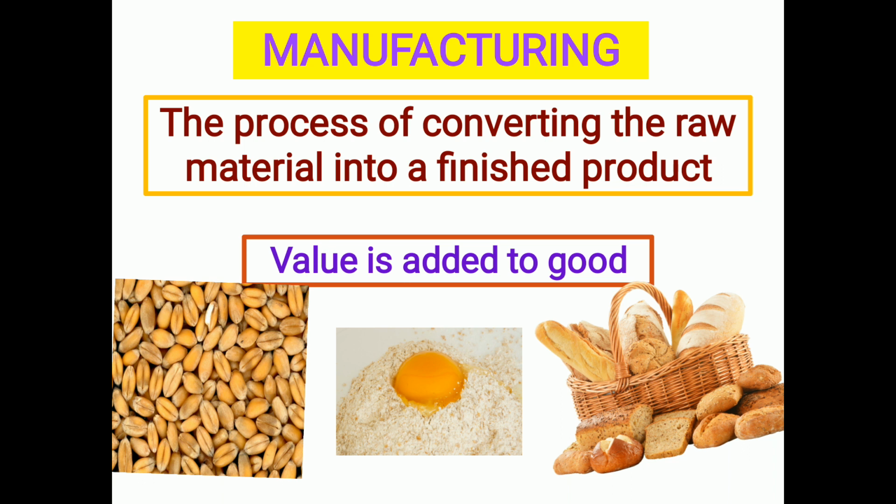Wheat is required as the first raw material. The wheat is ground and made into flour. Then flour is mixed with yeast, water, milk and salt, and baked in an oven to produce the final product, bread. So value is added to the raw material wheat through the process of manufacturing, which becomes of greater use to the human.